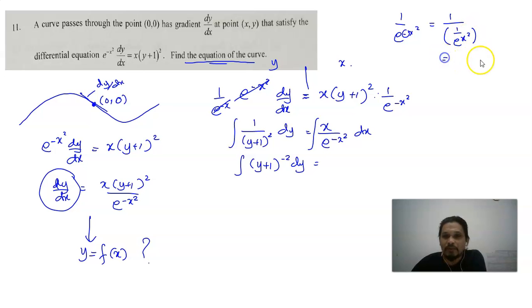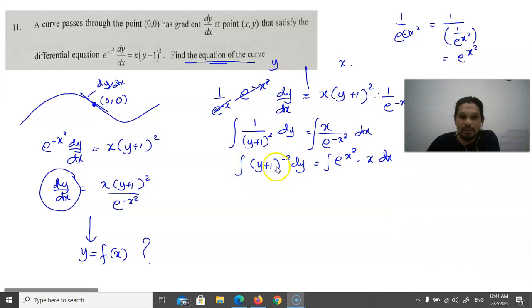So simplify this, turn it upside down, and we come up with e to the power of x squared divided by 1. So then simplify this: e to the power of x squared multiplied with x dx.